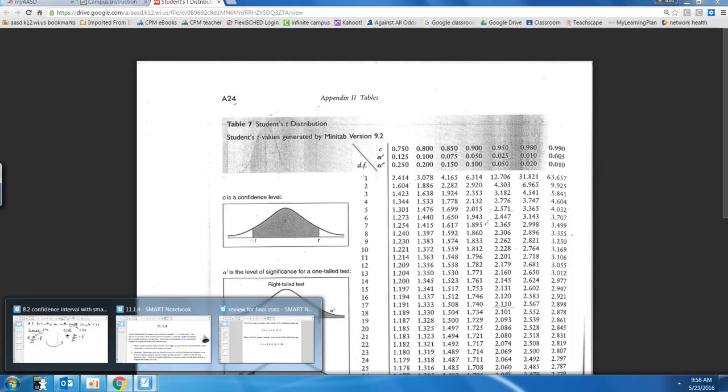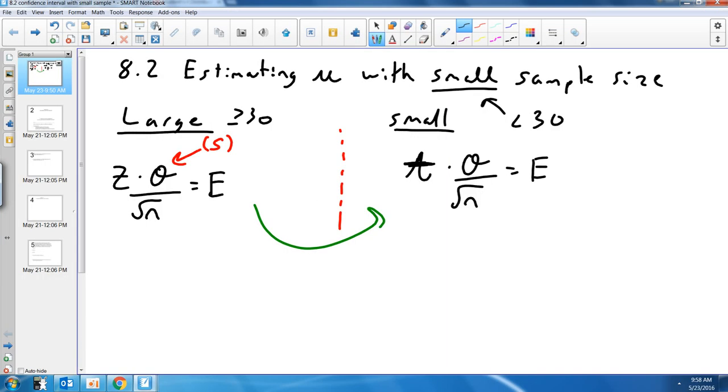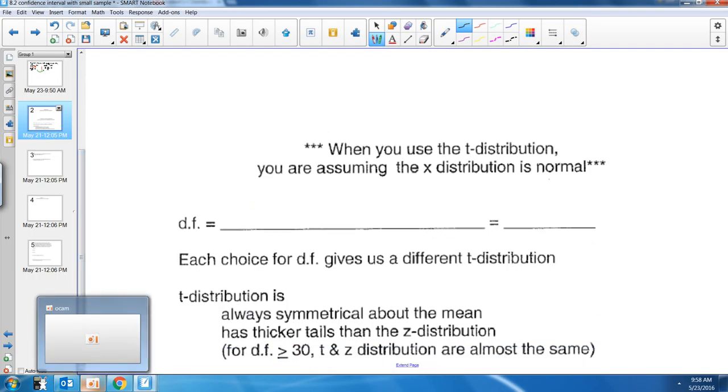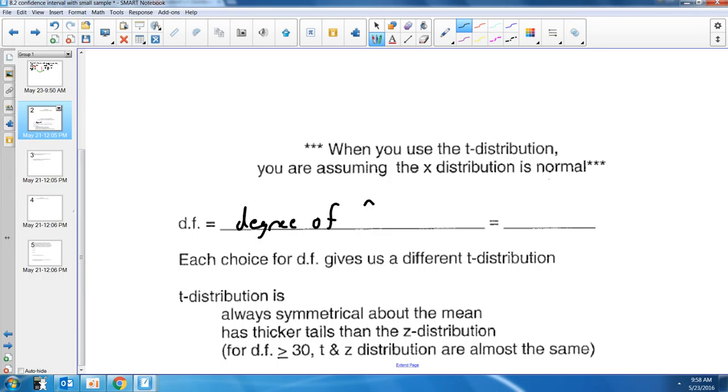All right. Now, the question is, what is this degree of freedom? The degree of freedom, which is going to be one of two main things that you can get goofed up in this section, is n-1. That's all it is. So we're going to go to the worksheet, and we're going to see that the degree of freedom, which is right here, is equal to n-1.